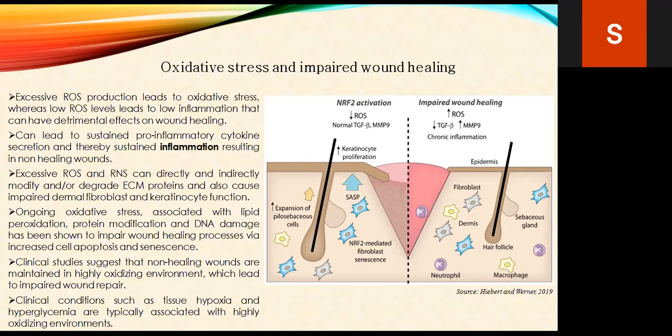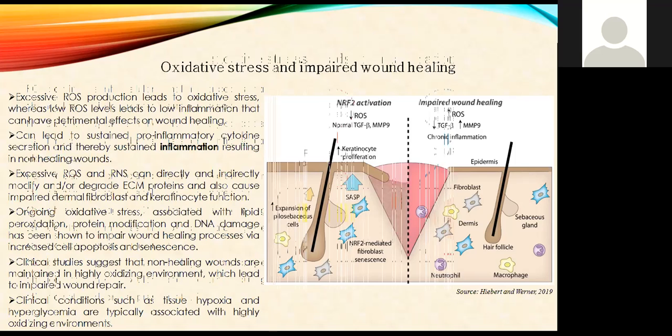And this ongoing stress is associated with lipid peroxidation, protein and DNA modification and damage, which has been shown to impair the wound healing process via increased cell apoptosis and senescence. By cell apoptosis and senescence, no normal wound healing process will occur.